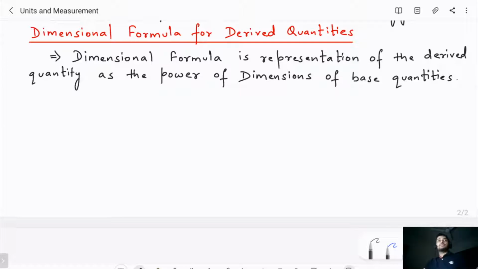So let us see the very first derived quantity, that is speed or velocity.